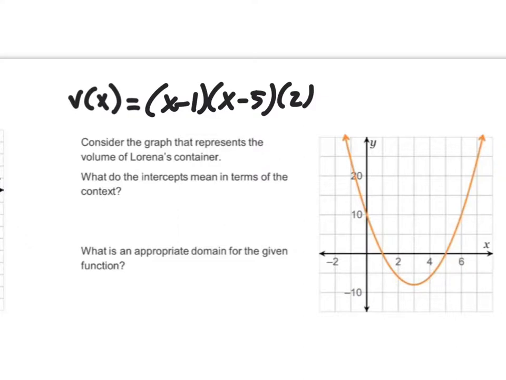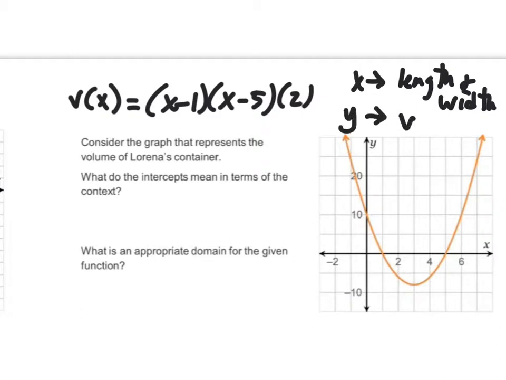On this graph, remember, x allows us to get the length and width, and then the y represents the volume. So it says, what do the intercepts mean in terms of context?